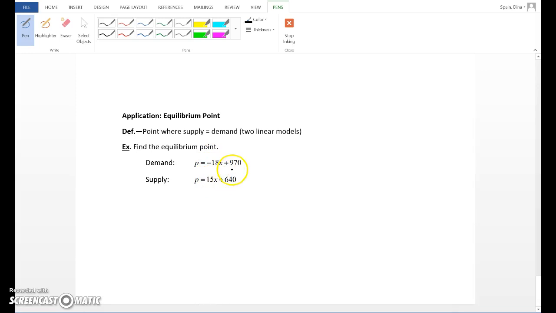Right? Your supply curve should always be positive sloping, and that demand curve should be a negative sloping line, and the equilibrium point is right here in the middle.